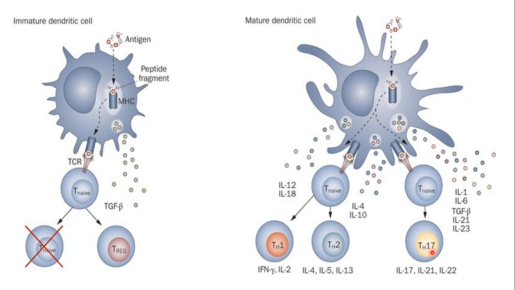So the subsequent exposure to the antigen will form the effector phase of the reaction, and the manifestations usually peak at around 48 to 72 hours after the second exposure. That is why it is called the delayed type of hypersensitivity reaction.